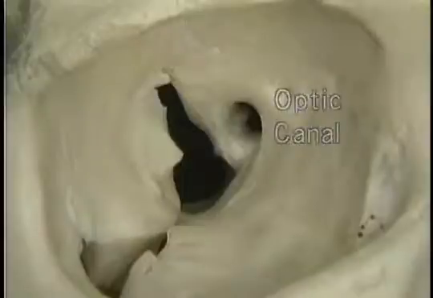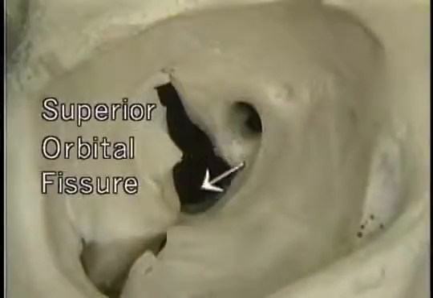Here at the narrow apex of the orbit are the optic canal and the superior orbital fissure. The optic canal transmits the optic nerve and ophthalmic artery. The superior orbital fissure transmits the other nerves that enter the orbit and the superior orbital vein.